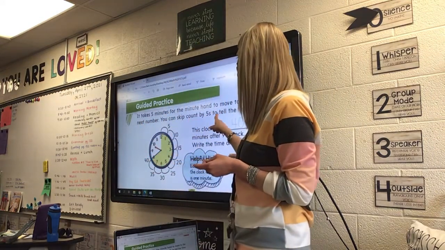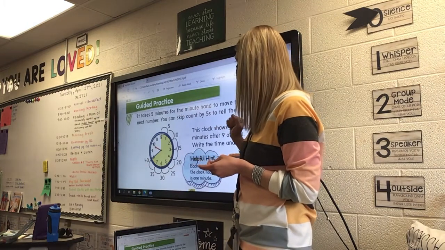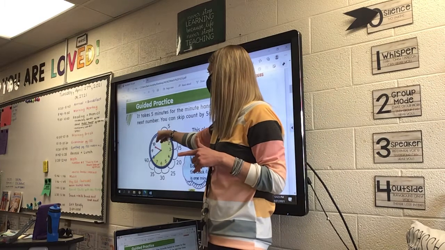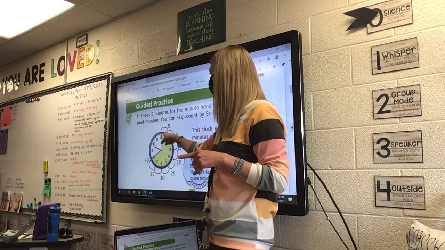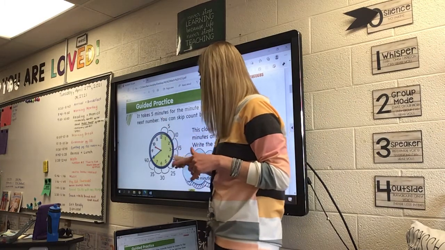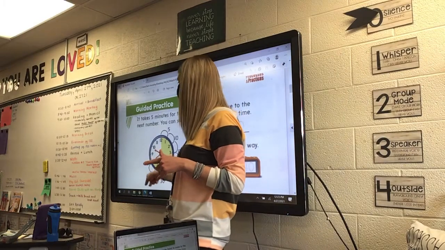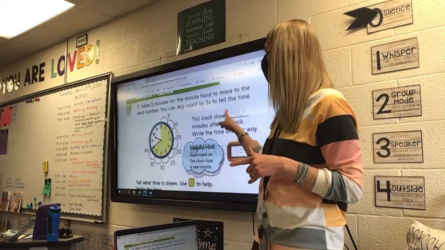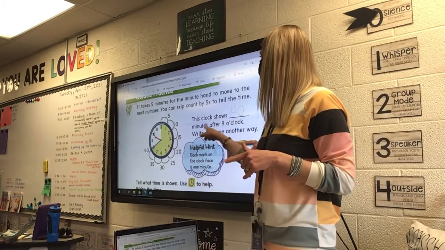You can skip count by 5s to tell the time. So they use this example. The minute hand starts at the top and it's skip counted by 5, 10, 15, 20, 25, 30, 35, 40. Good job. So this clock shows 40 minutes after 9.